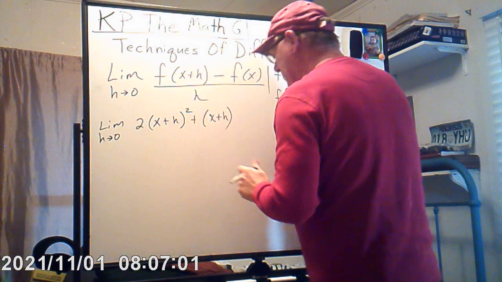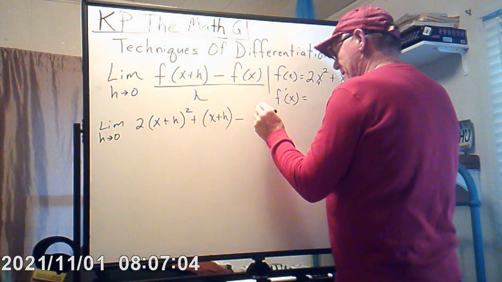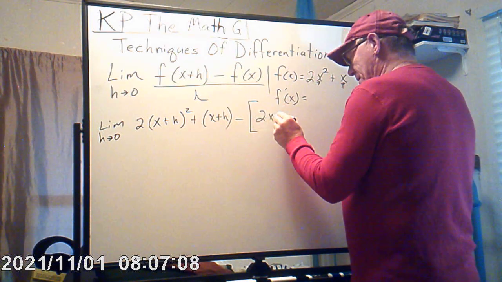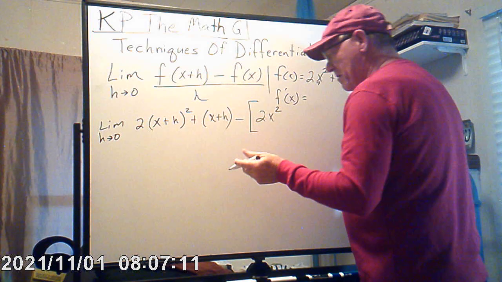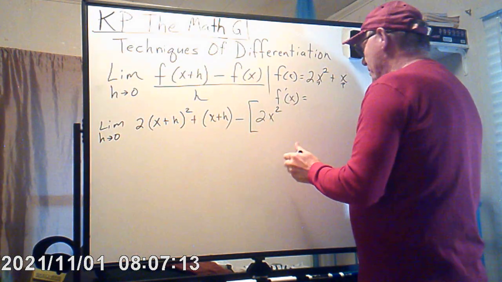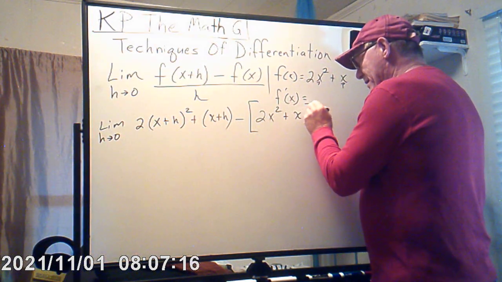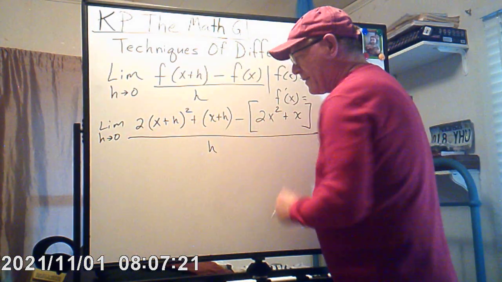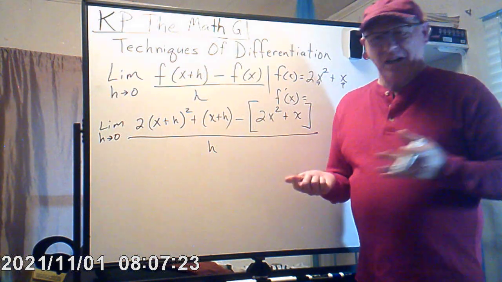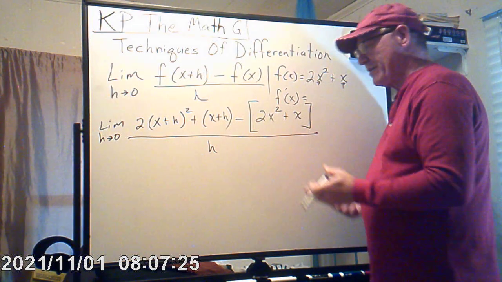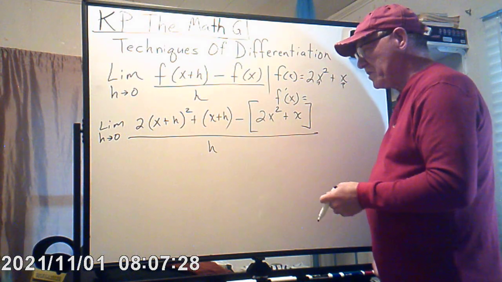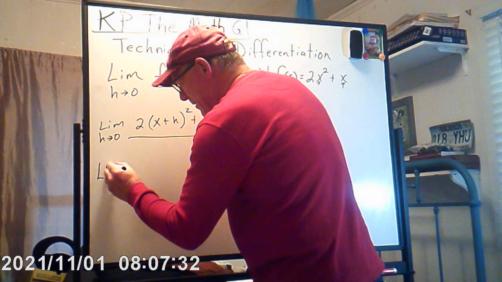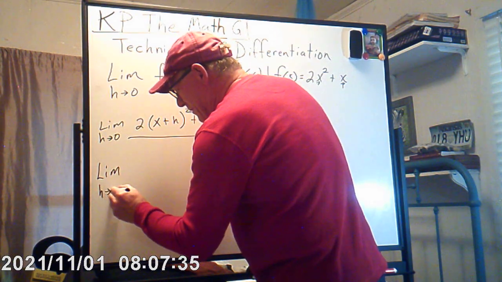Now minus f at x. I like to do this, especially if I have more than one term. If I only have one term, you don't need this. But if I have more than one term, I'm going to do this right here. Now all over h. Really and truly, can you tell this is not really that difficult? It's just work. Okay, alright, so now we have the limit as h approaches 0.